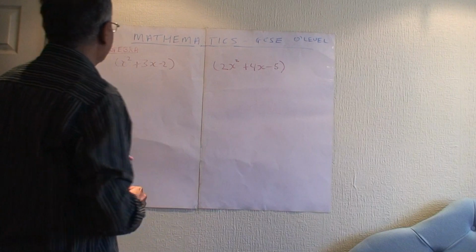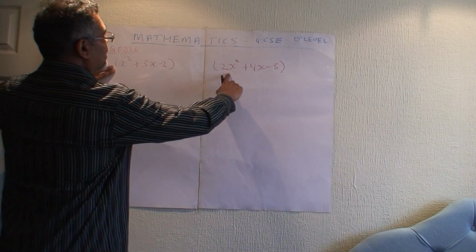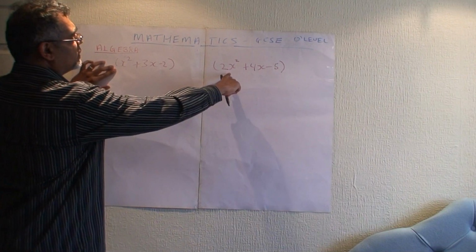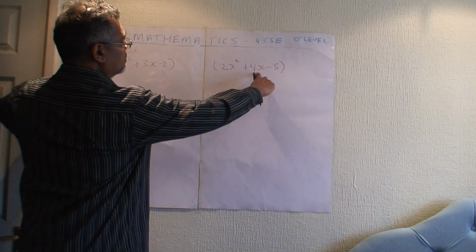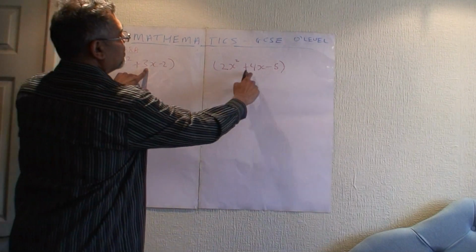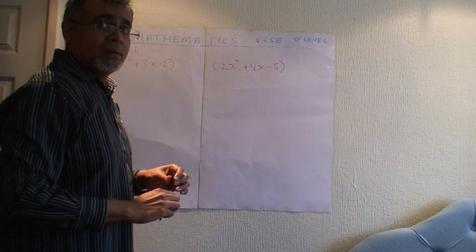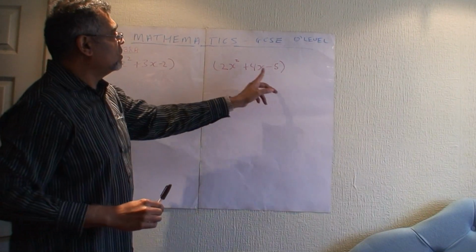As we know, this x squared will multiply by this term, it also multiplies by this one and this one. Similarly, 3x will multiply by each one, and the minus 2 will multiply by each of the terms here.